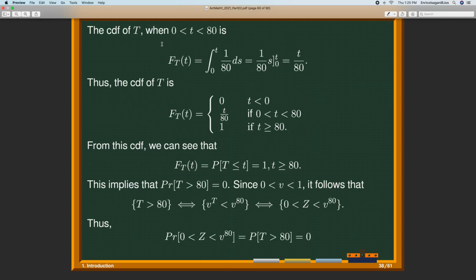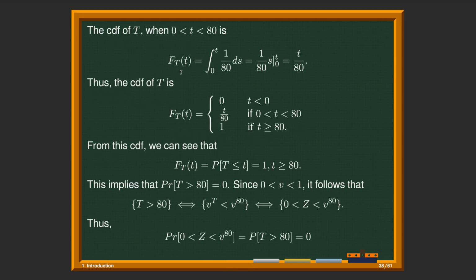Okay, so first we find the CDF of T. So evaluating the CDF of T, we get the integral of the PDF ds where s ranges from 0 to t. But then of course our t should be only between 0 to 80. So it turns out to be t over 80. And so the CDF takes this form, right?